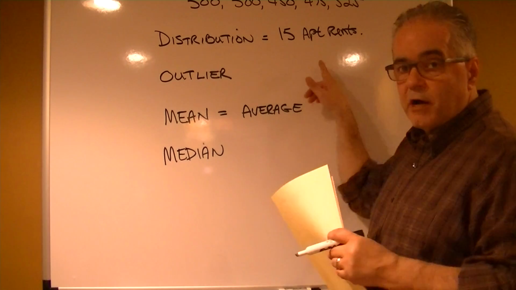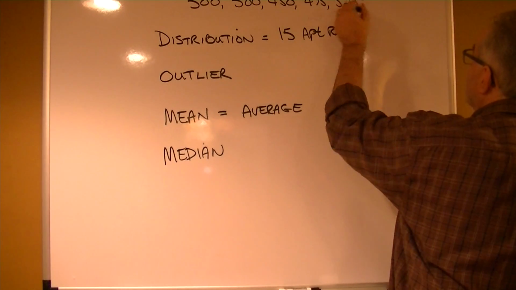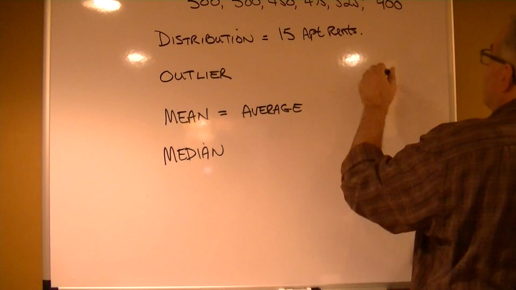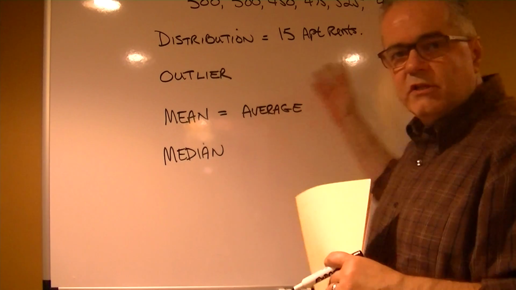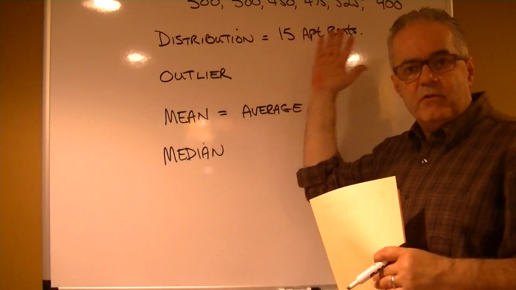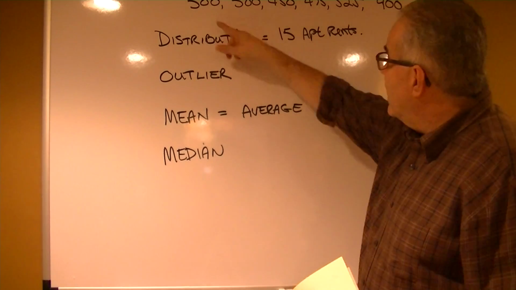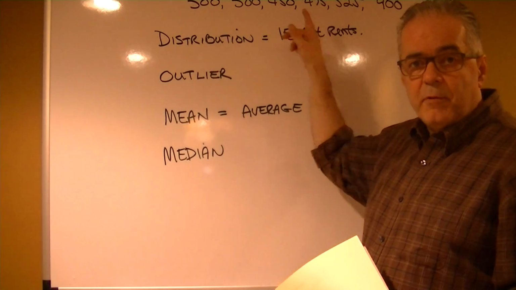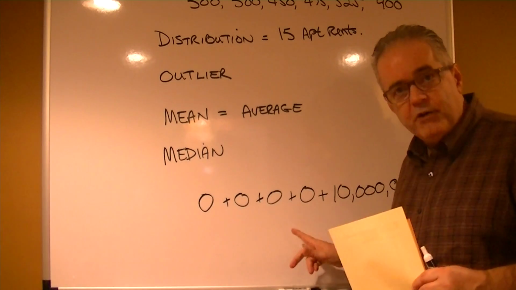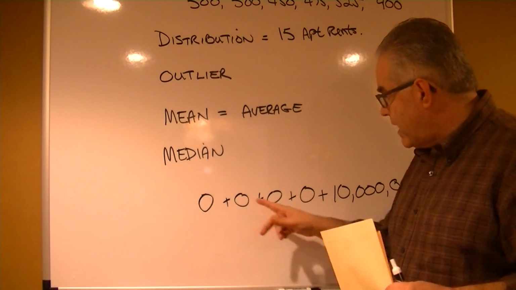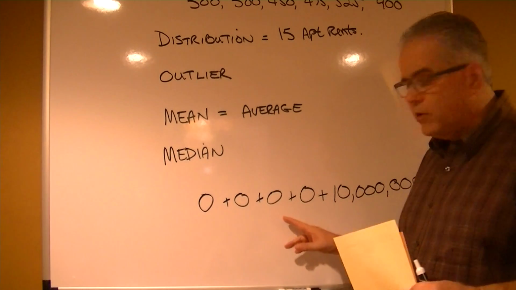But one of the apartment rents was much higher. So let's say the one other apartment rent was $900, and everything else was centered around 500. So it's just like, well, why is that 900 and all the other ones are around 500? So that outlier made the average of all the other apartments. Well, without the 10 million, the average would be 0. Okay, we can see that. The median would also be 0 as well.